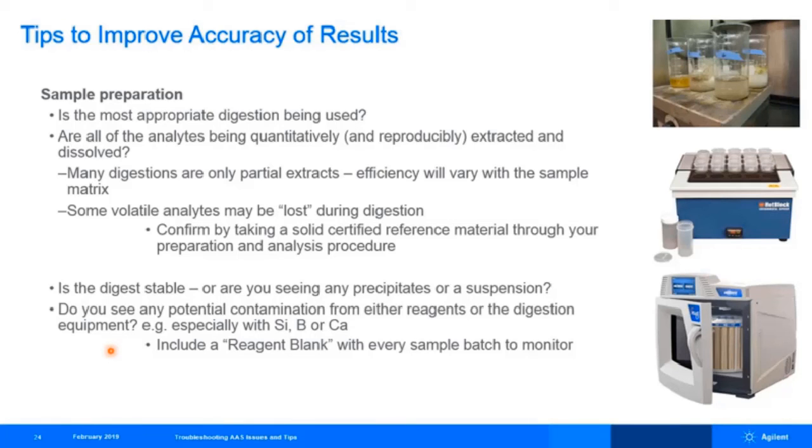Ideally, all the results should be close to zero. But if you observe higher levels, then that can highlight potential contamination coming through from your sample preparation process. So you may not need to do these types of checks every time you do your digestion process, but it's good to do this periodically, and especially if you're setting up a new method.